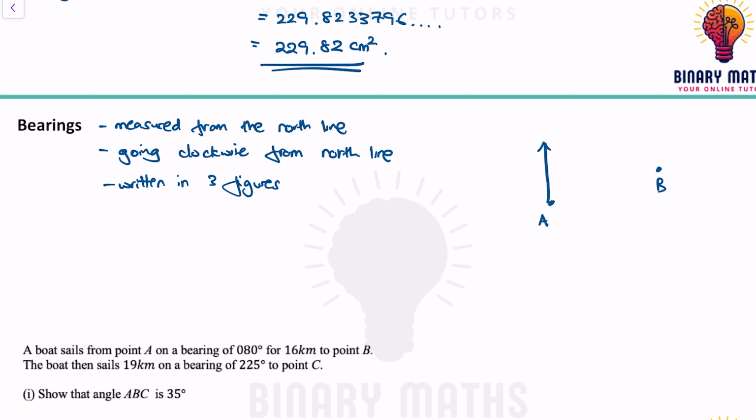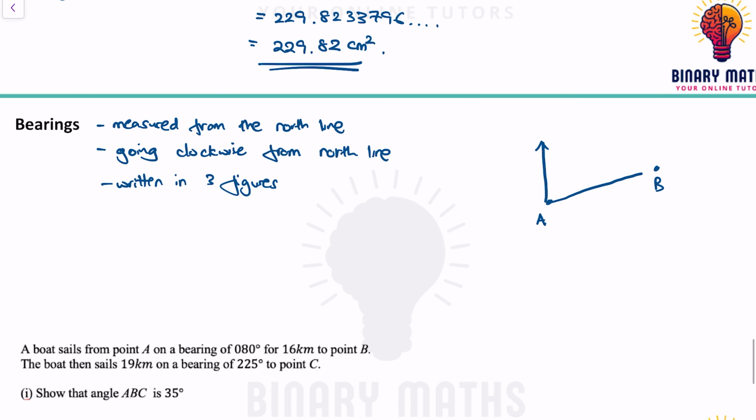and this angle here is 60 degrees, then the bearing of B from A is represented by, from A drawing a north line, which you already have there, and from the north line you go clockwise to B. What is that angle?